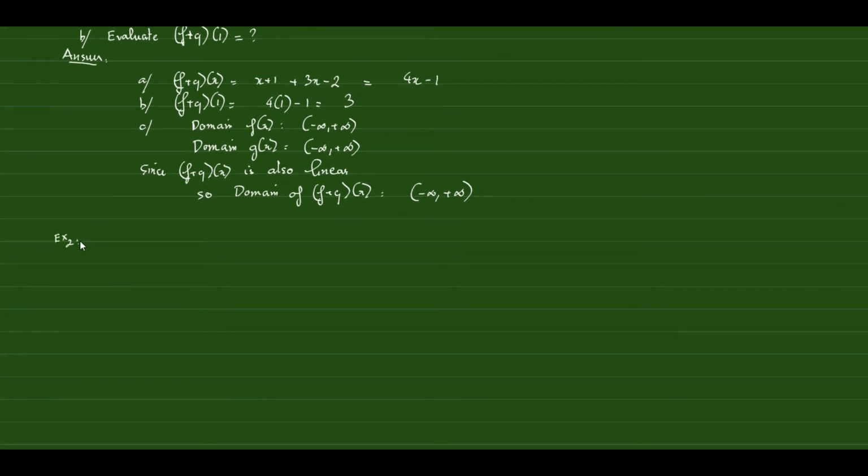Example 2. What if I give you two different functions? What if the first function is an absolute value, and the second function is a radical?